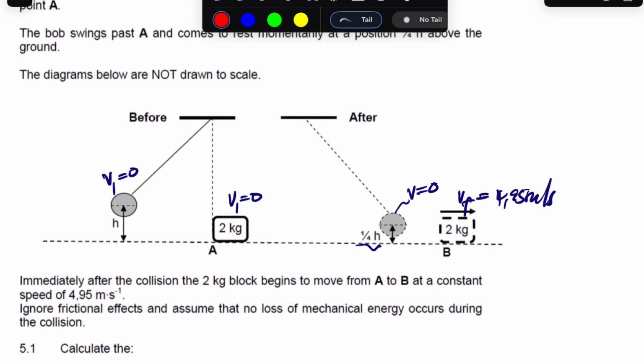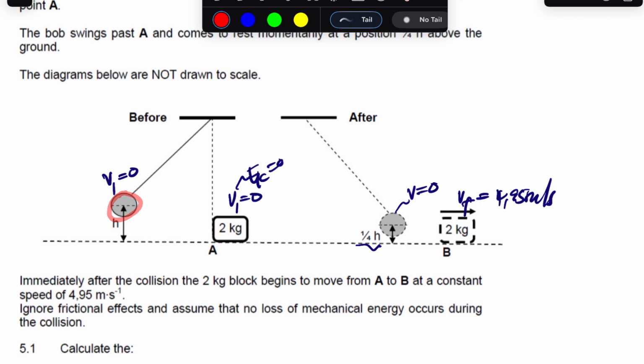So here the energy will be lost by the bulb through the gravitational potential energy, because as it moves down, the height is decreasing. That means the gravitational potential energy is decreasing, so it loses energy. But as soon as it hits this object, this one will gain, because its kinetic energy is 0 here.